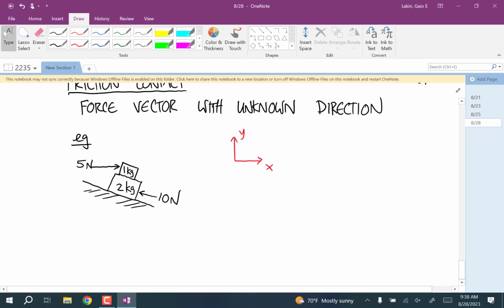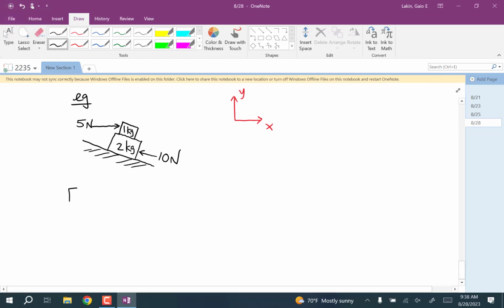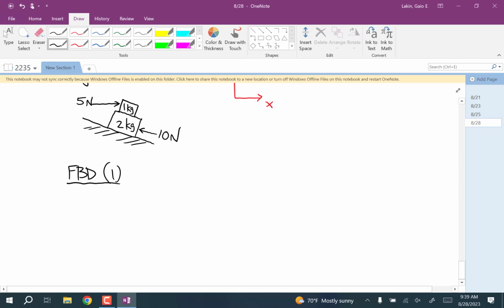And the way these free body diagrams will look: free body diagram for the 1 kilogram. We have the weight force of 1 times 9.81, so 9.81 newtons. We have this horizontal 5 Newton force.